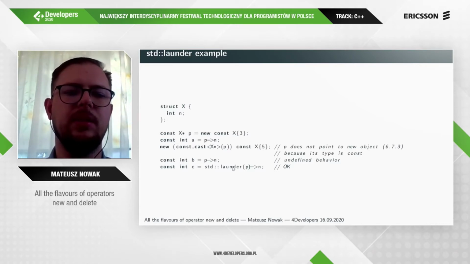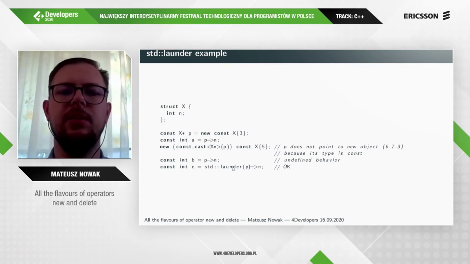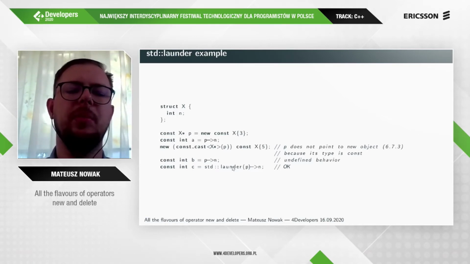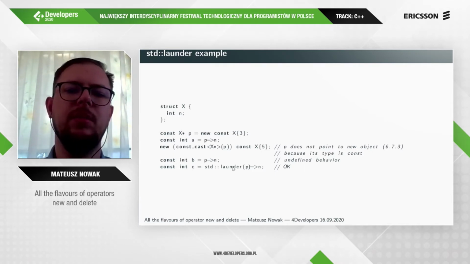So we are actually constructing a new X in place of the old one. And in this case, if we still use the old, previously used variable which is pointing to this object, and try to access its member, we get undefined behavior, as here the compiler can assume that p hasn't changed because it's const.